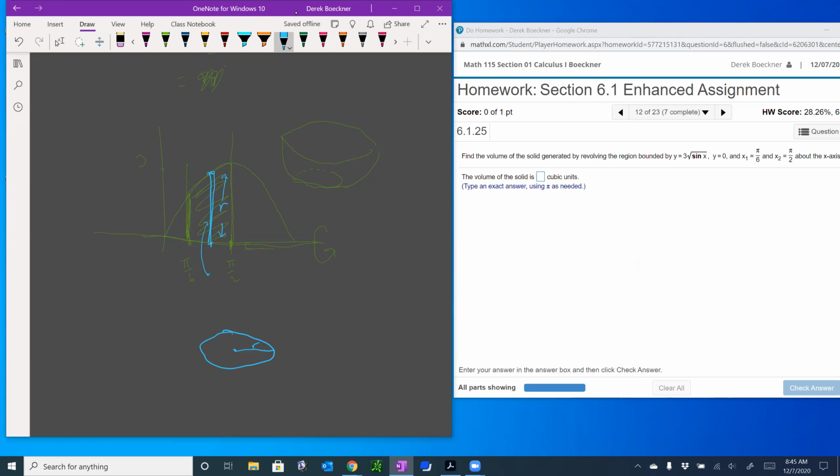And that radius will be the height of this strip. So I'm going to label this point. This is at x comma 0. This point is at x comma 3 square root sine x. So the volume here is going to be pi r squared dx, because these things are dx thick.